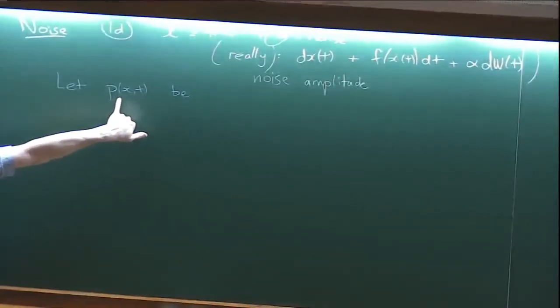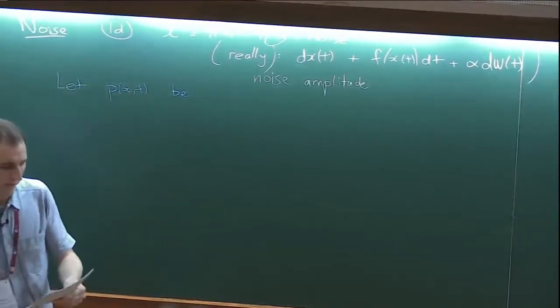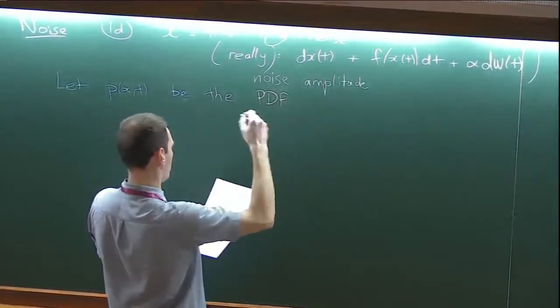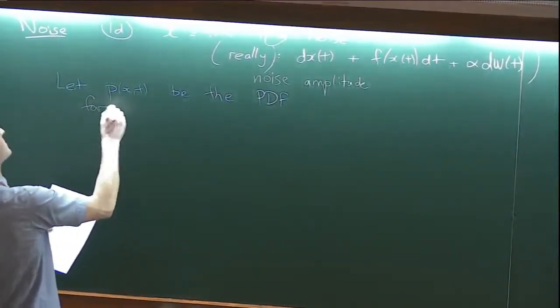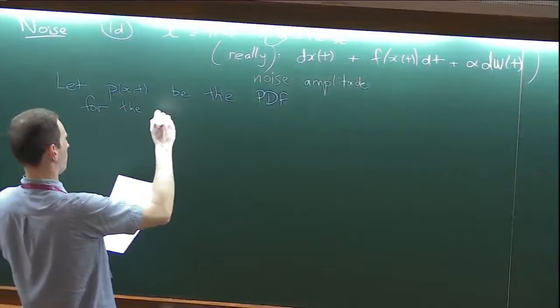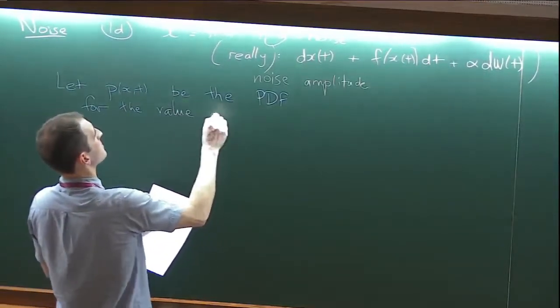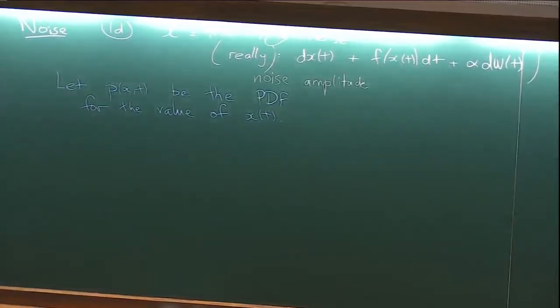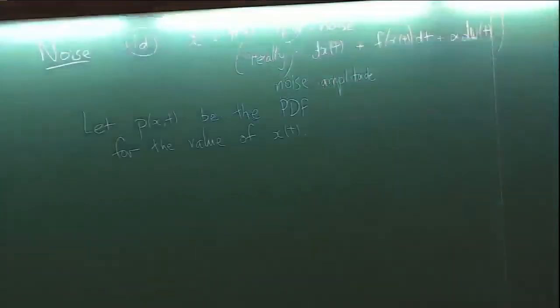So I'll let P be the probability density function for that. It's the probability density function for the value of x at some later time t.